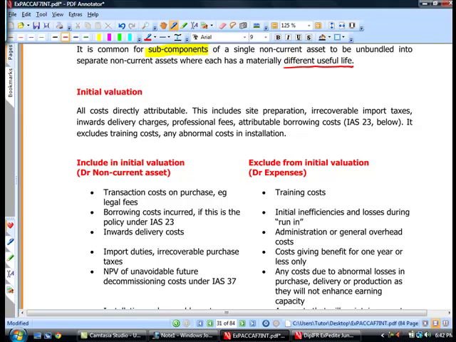The initial valuation for an asset will actually cover all directly attributable costs, the standard says, in actually bringing the asset to its intended location for its intended use, and that will include site preparation, irrecoverable import taxes, delivery charges, professional fees, attributable borrowing costs, which we'll cover when we discuss IAS 23. It will exclude, for instance, abnormal costs in installation, and any training costs for the staff so they will know how to use the equipment.